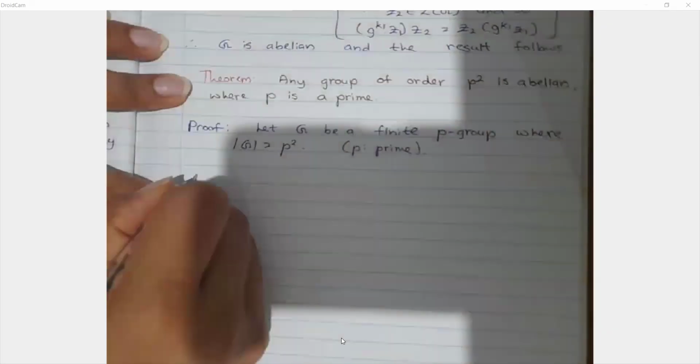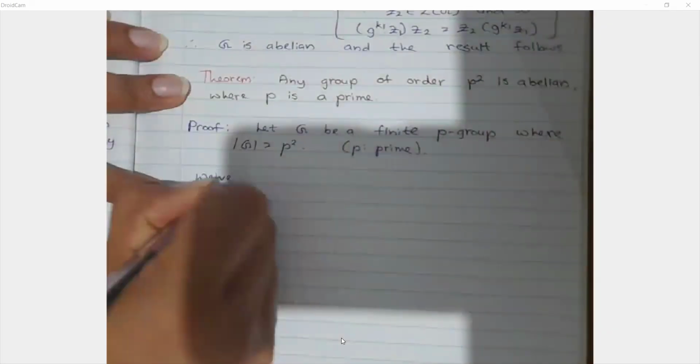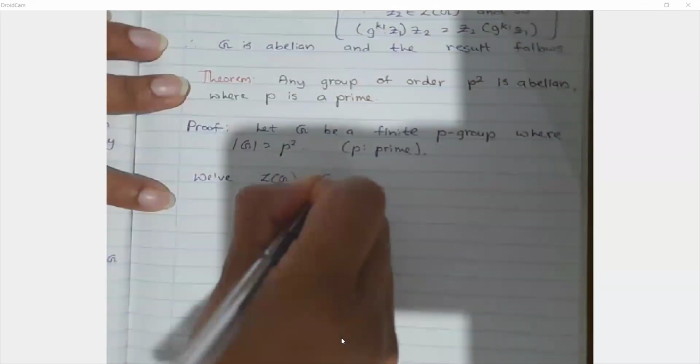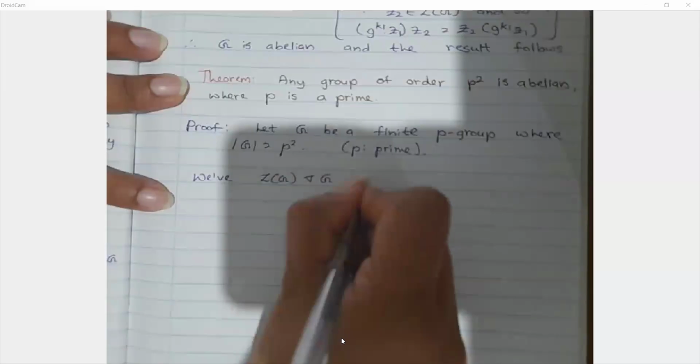We know that the center of G, which contains every element in G that commutes with every other element that you take from the group, is a normal subgroup of G. And by Lagrange's theorem, the order of the center must divide the order of the group G, right?